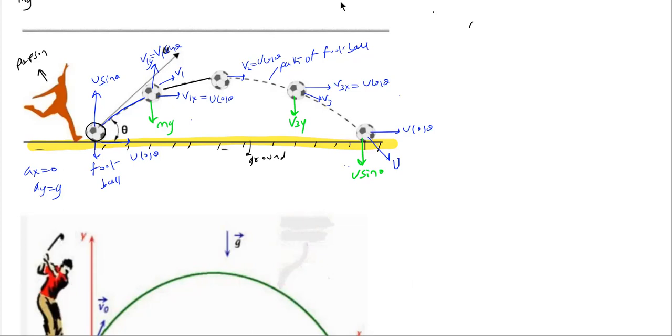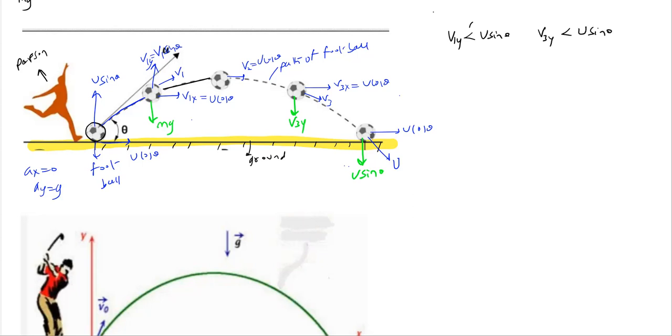So what will happen to the vertical component of velocity? Here u sin theta decreases, becomes 0, then increases. So if you look at the football, what is actually happening? v1y will be less than u sin theta. v3y is less than u sin theta.